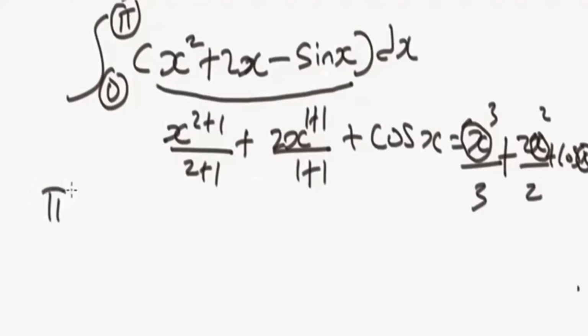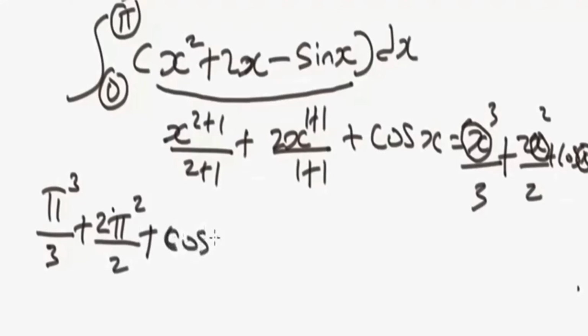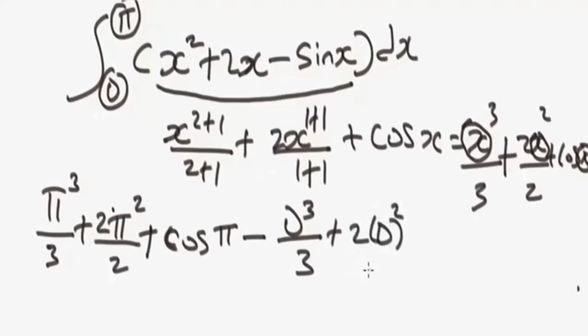We're going to have pi to the power 3 over 3, plugging in pi for x, plus 2 pi to the power 2 over 2, plus cos pi, minus, we're going to have 0 to the power 3 over 3, plugging in 0 for x, plus 2 times 0 to the power 2 over 2, plus cos 0. Then put this in brackets.